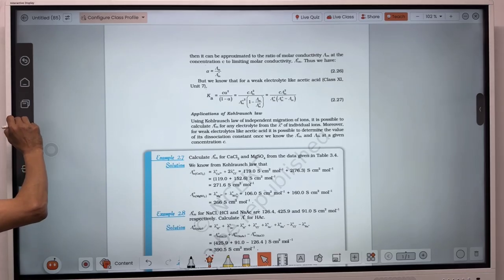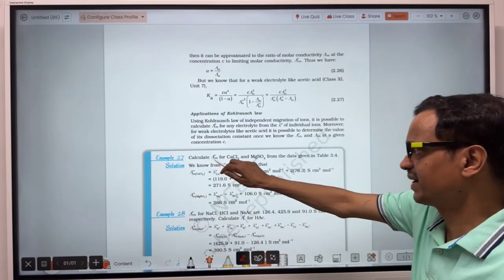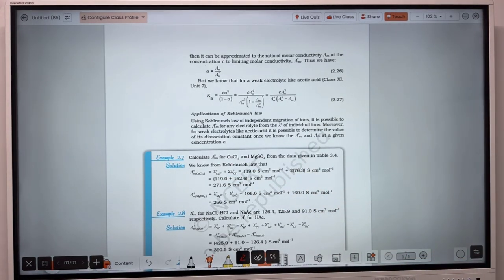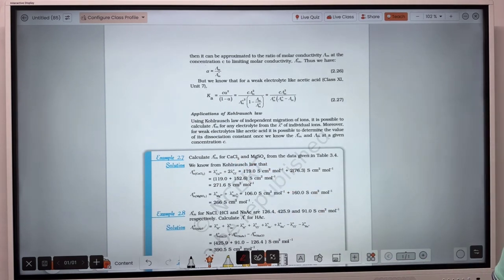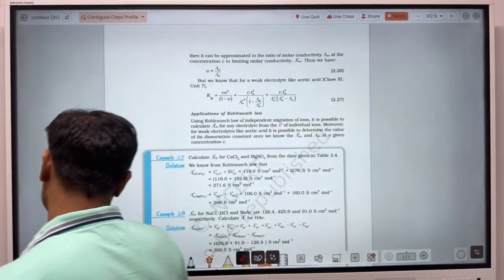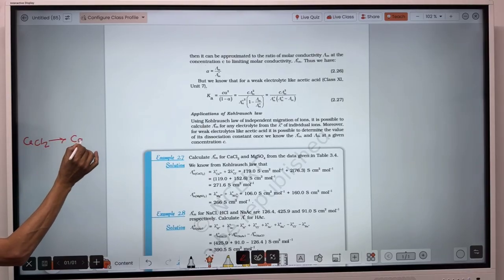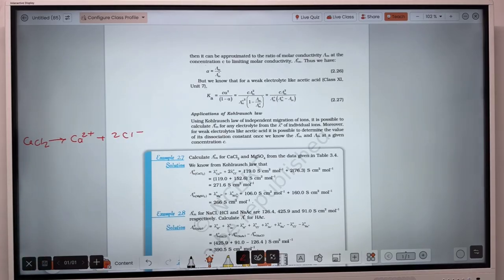Now, very important here is this question. Calculate lambda degree m for CaCl2 and MgSO4. To calculate the limiting molar conductivity of CaCl2, you will have to find out the limiting molar conductivity of calcium ion and that of chloride ion. CaCl2 will dissociate into Ca2+ and 2 moles of Cl-.